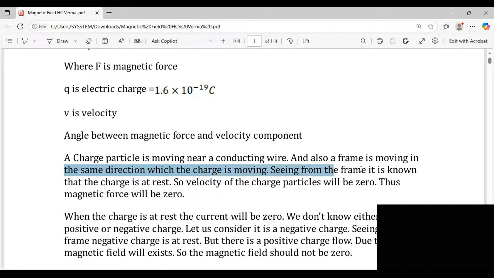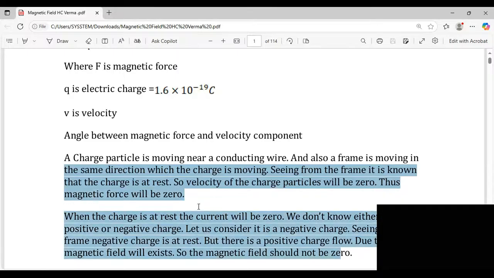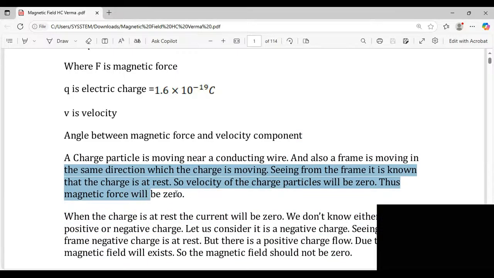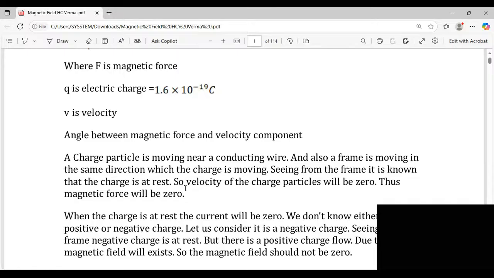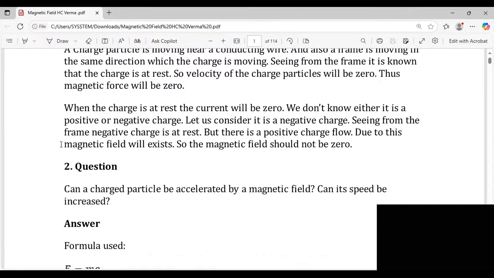Seeing from the frame, the charge is at rest, so the velocity of the charged particle will be zero, thus the magnetic force will be zero. When the charge is at rest, the current will be zero.